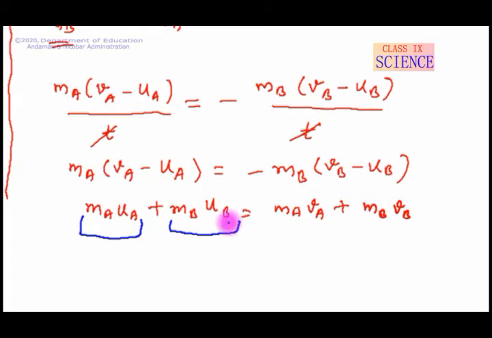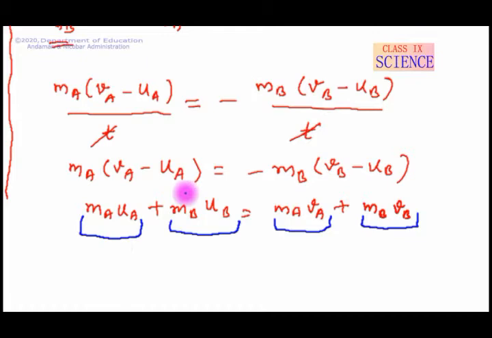So, this is the total momentum before the collision, this is the momentum of ball A after collision, this is the momentum of ball B after collision. Here you can see very well that the total momenta of balls A and B before collision is equal to the total momenta of the two balls after collision.